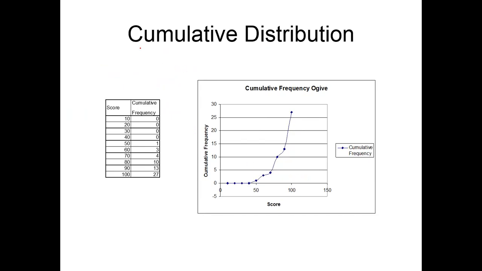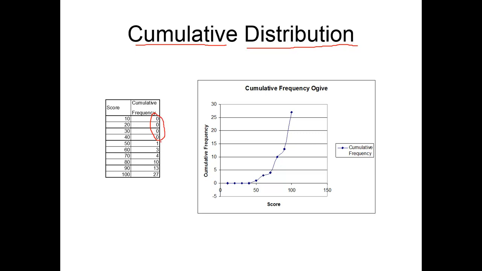Okay, this final one right here is called the cumulative distribution. And what a cumulative distribution does is take into account what happens up to a certain point. And so on this exam, I had it set up with a maximum of 100 points, and so I break up my class here into 10, 20, 30, 40, 50, 60, 70, 80, 90. And notice we didn't have anybody make below 40, and so it just stays flat along here.